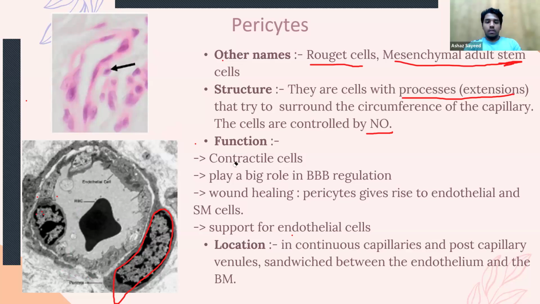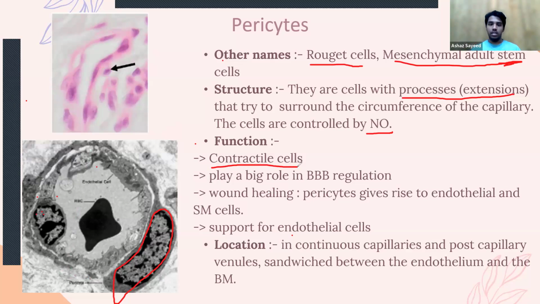Okay, the functions of parasites are important, especially the ones I'll be telling you to remember. First up, know that these are your contractile cells. In the other blood vessels, you had your tunica media, which had smooth muscle cells that helped in contraction.